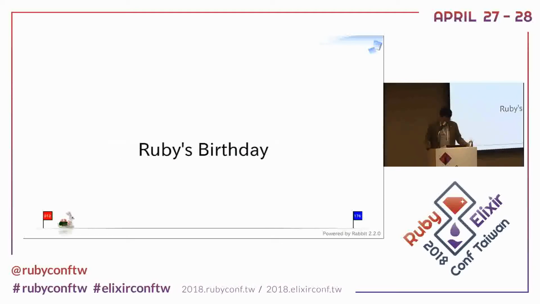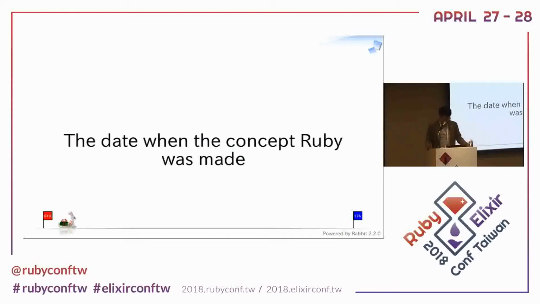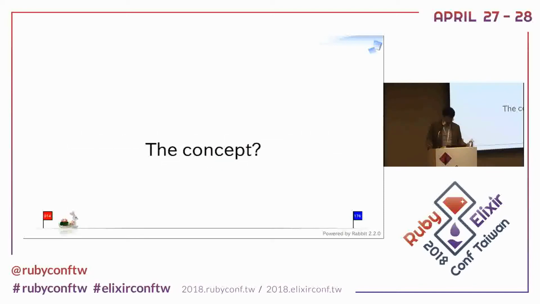So I defined Ruby's birthday as the date when the concept Ruby was made. That means the concept was embodied by the name Ruby. So naming matters in software. The names of the methods, the names of the variables, the names of the concepts are very important in software development.